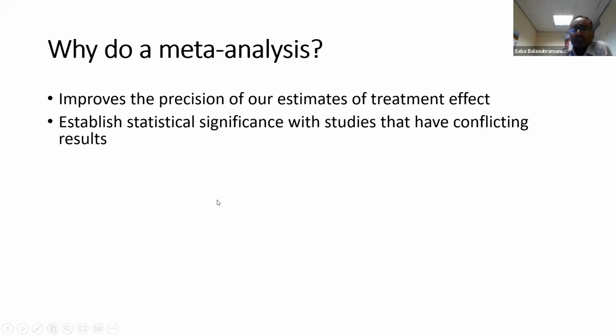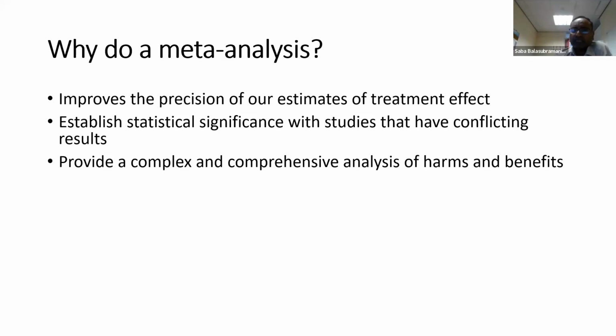If you have 2 or 3 studies in your review with conflicting results and the studies are otherwise very similar, you can establish statistical significance by combining the data from the studies. Also, you can provide a really comprehensive analysis of all of the harms and all of the benefits of the treatment in a way that you can't do with individual studies, or in a systematic review that simply describes the results of the individual studies.